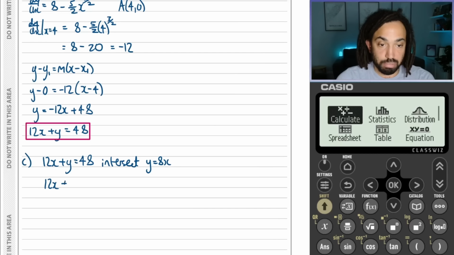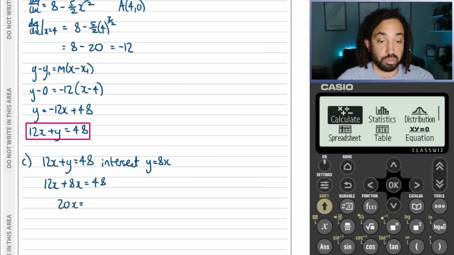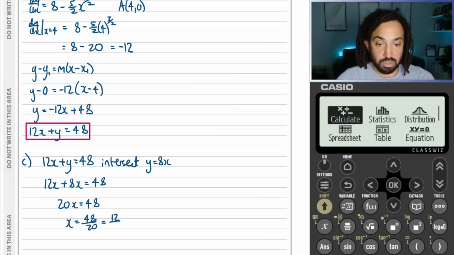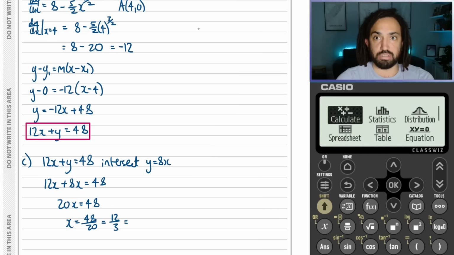So 12x plus 8x is equal to 48, which gives us 20x is equal to 48. So x is equal to 48 over 20, which is 12 over 5, which is 2.4.